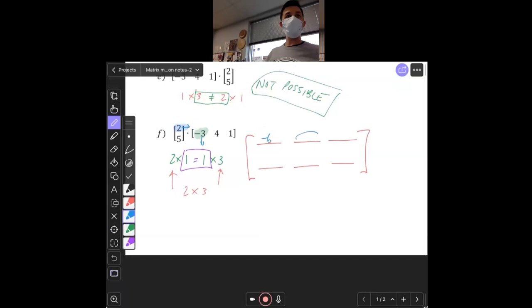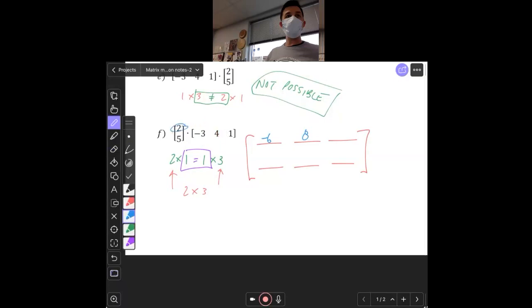Well, now I want to go to the next column. So that means I'm going to go to the next column in my second matrix. So I'm taking that 2 times the 4 now. So 2 times 4 gives me 8. That's everything in that row times everything in that column. So I slide to the next column.